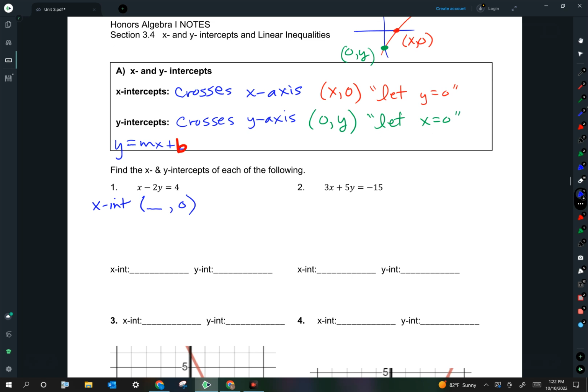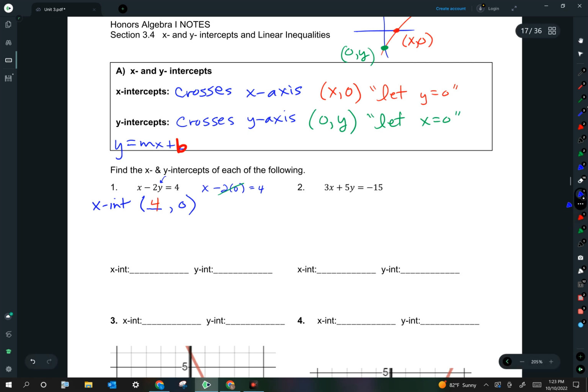If I put a 0 in for y, I'm going to have x minus 2 times 0 equals 4. Isn't 2 times 0 just 0? So all I have left is x equals 4. That means the x-intercept is 4.